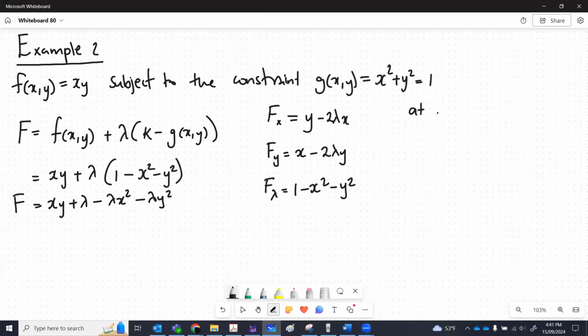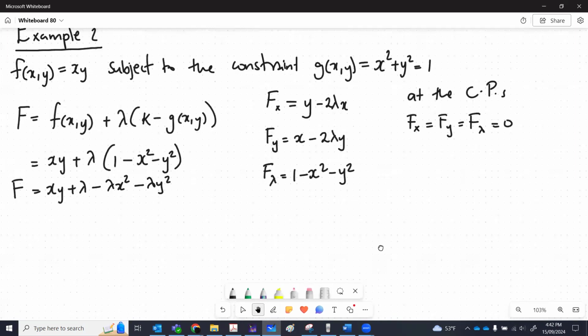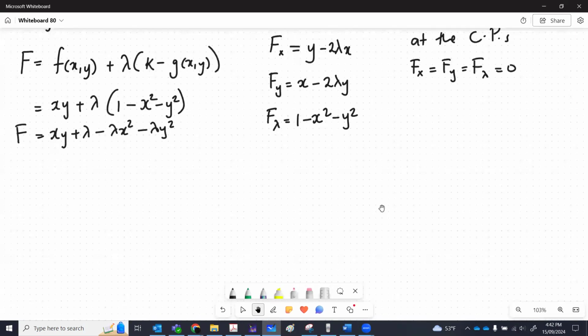Let me say that at the critical points, each of these is equal to 0. So we are going to solve them simultaneously. We say y minus 2 lambda x is equal to 0.